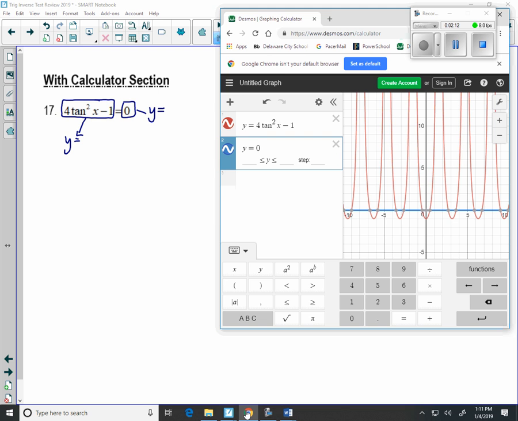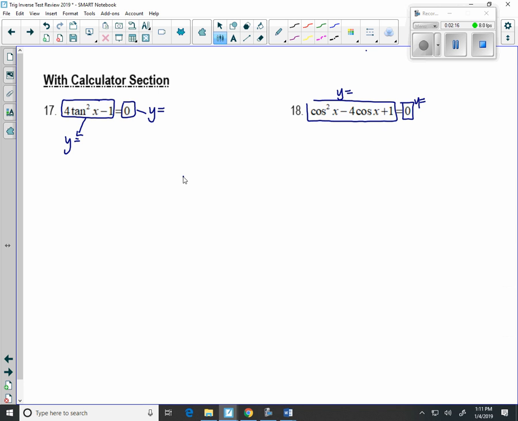On your calculator, you're going to look for a couple of things on the 84 that are going to be helpful. You're going to use Zoom Trig. I'm going to ask for answers between 0 and 2 pi. Zoom Trig gives you from negative 2 pi to 2 pi, and then you just need to give me the ones that are between 0 and 2 pi.